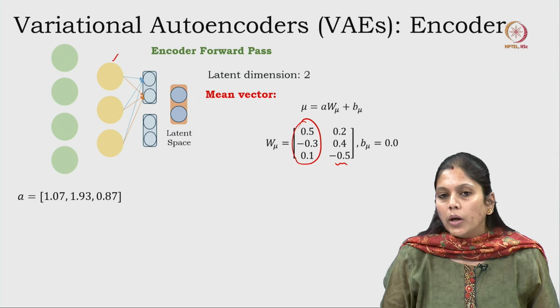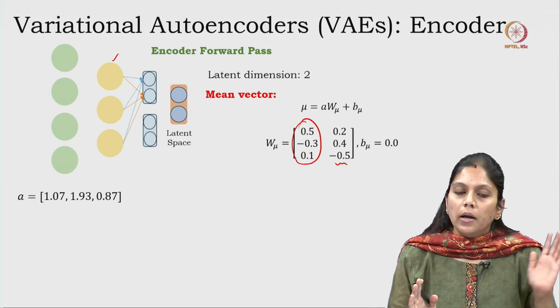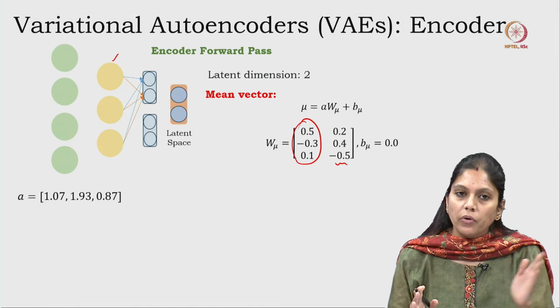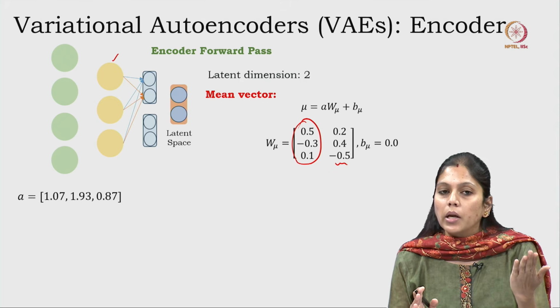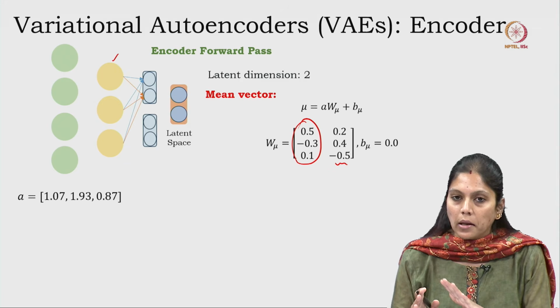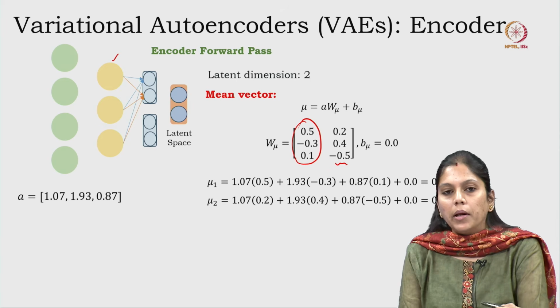So how do we do the calculation? Once again it is a simple multi-layer perceptron feed forward neural network. The input values get multiplied with the weights and then the bias term is added. So the calculation will be in this way.